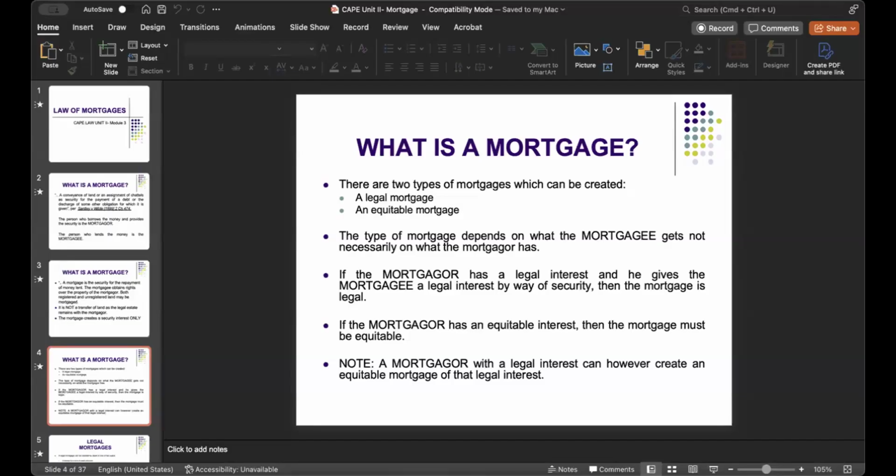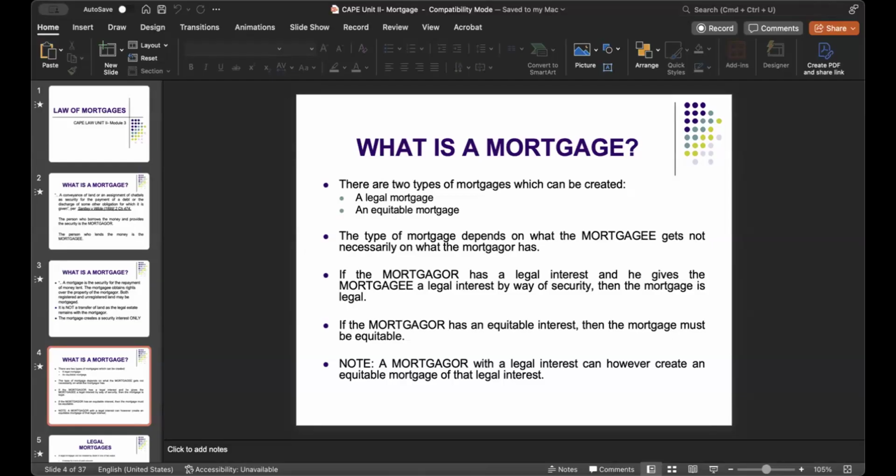So like you said, if the mortgagor has a legal interest and he gives the mortgagee a legal interest by way of security, then the mortgage is legal. So the legal interest is what kind of interest again, Akil? Wait, hold on, what was the question?